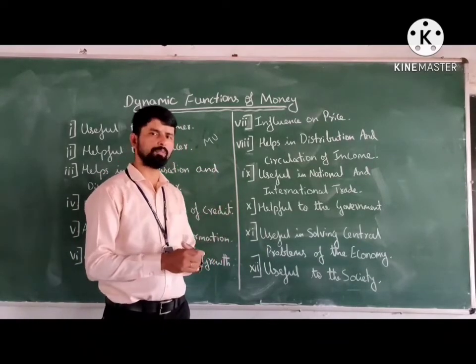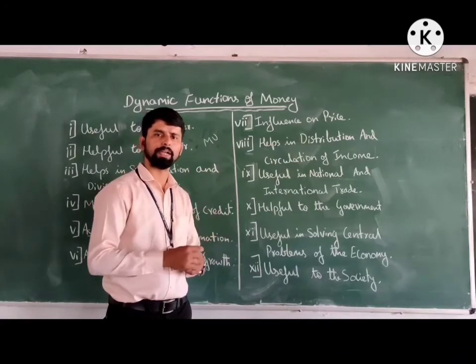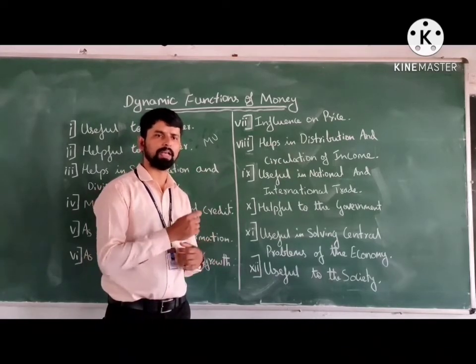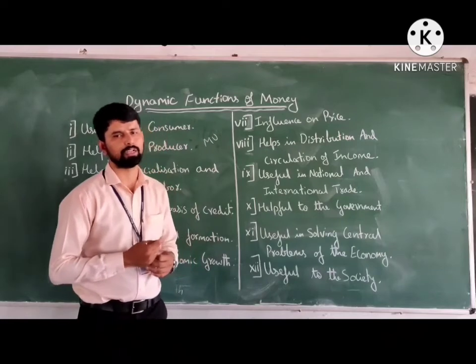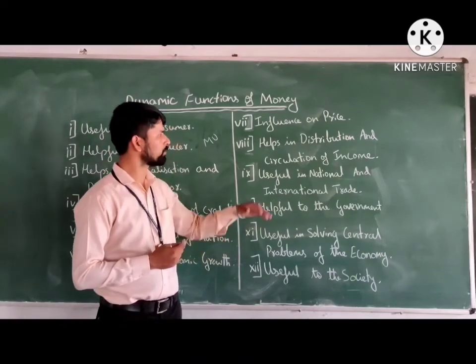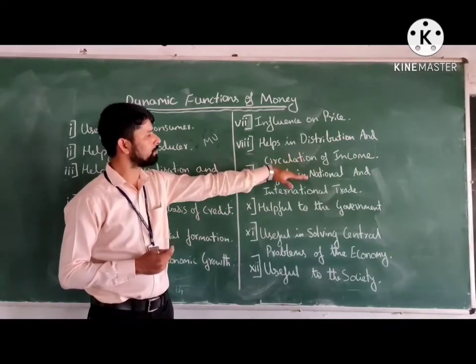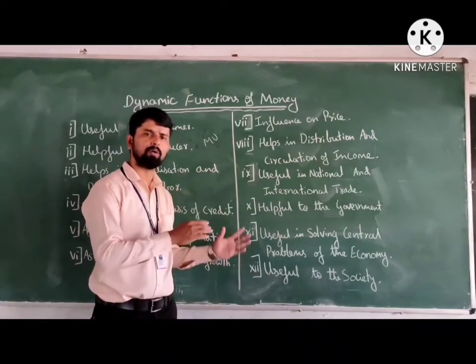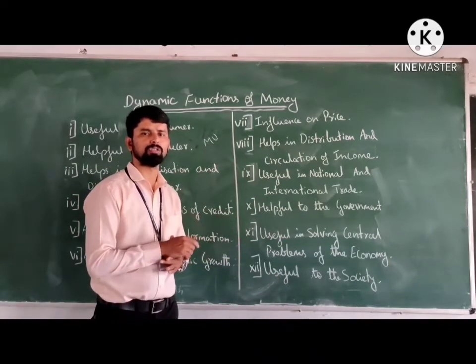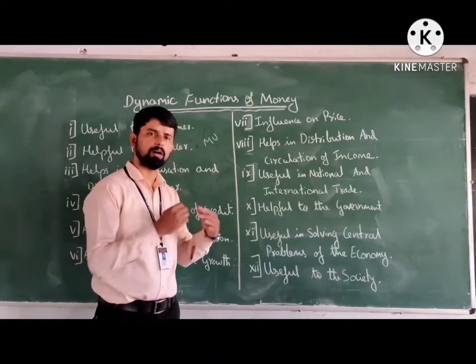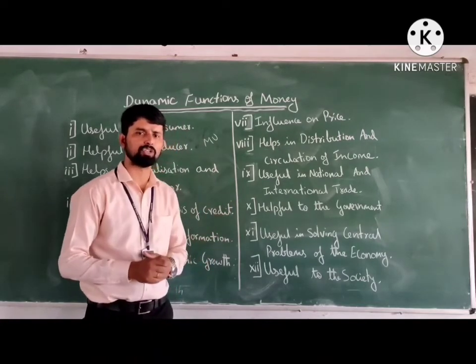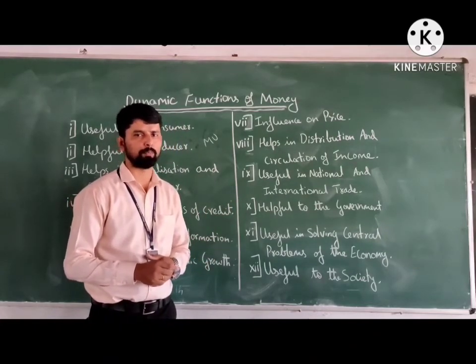So the contribution of the laborers is paid as income, paid as salary, paid as wage and remunerations. So to distribute income, to circulate income among the factors of production, not only the labor, among all the factors of production, money plays a very important role.